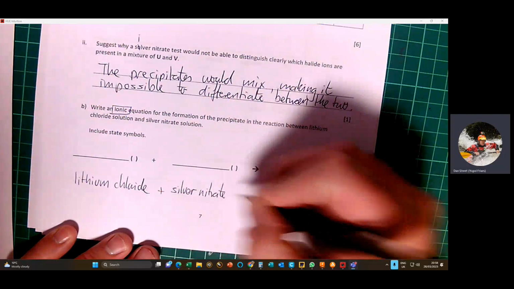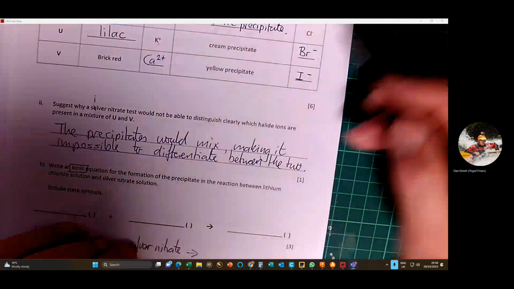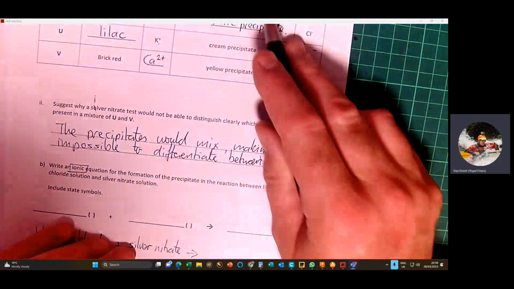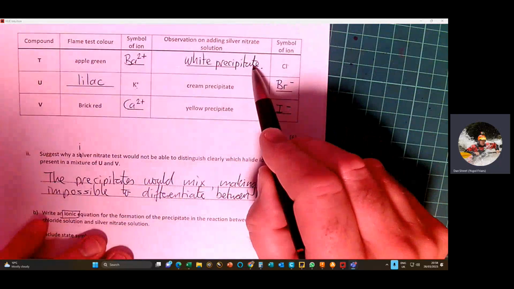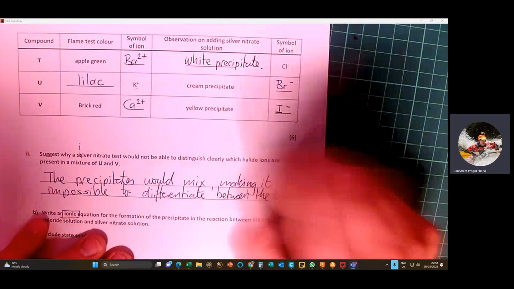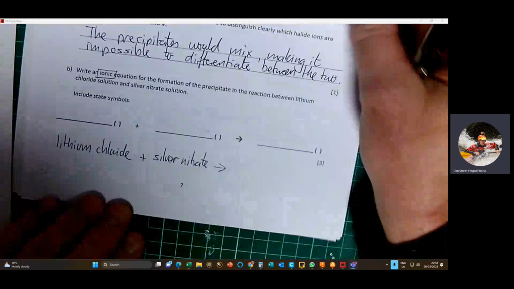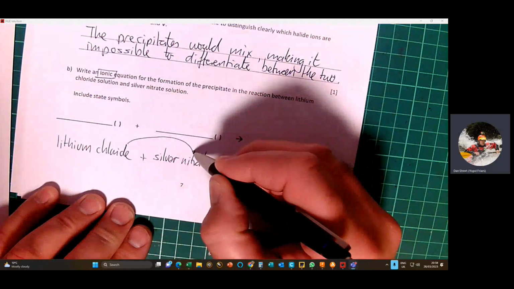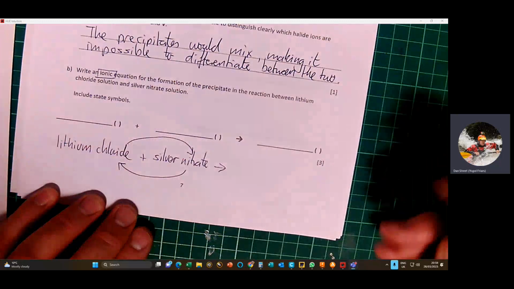Now, we've seen in the question that we get these precipitates, and these precipitates are silver halide precipitates. Okay, so this is silver chloride, this is silver bromide, and this is silver iodide. Okay, so what that means is these two, the chloride and the nitrate anions, or negative ions, swap over.